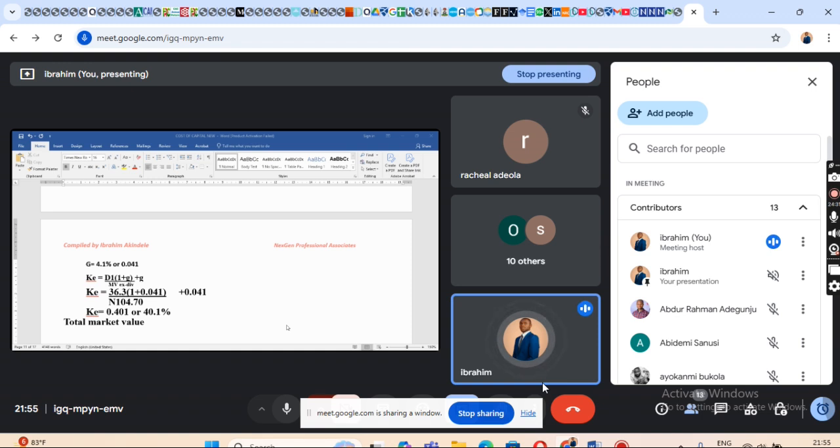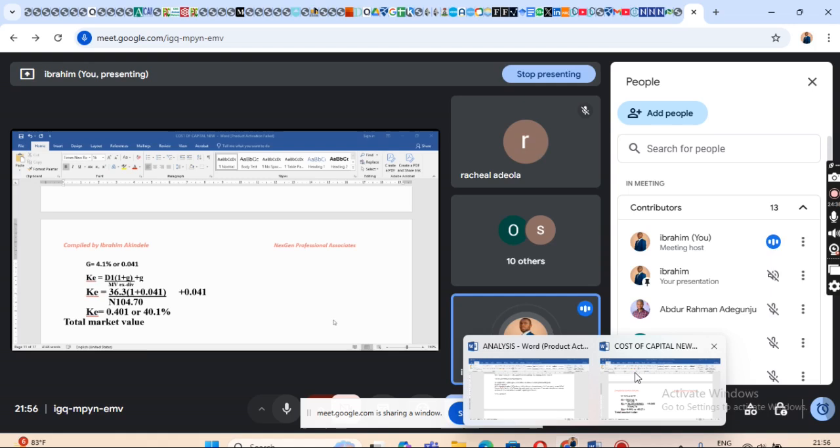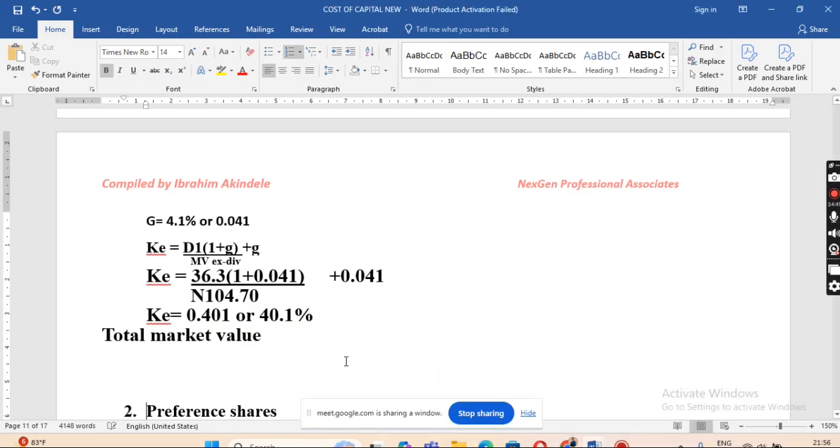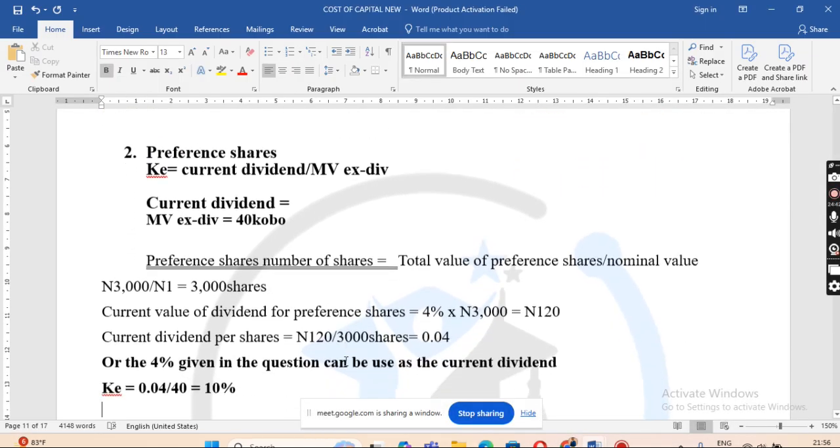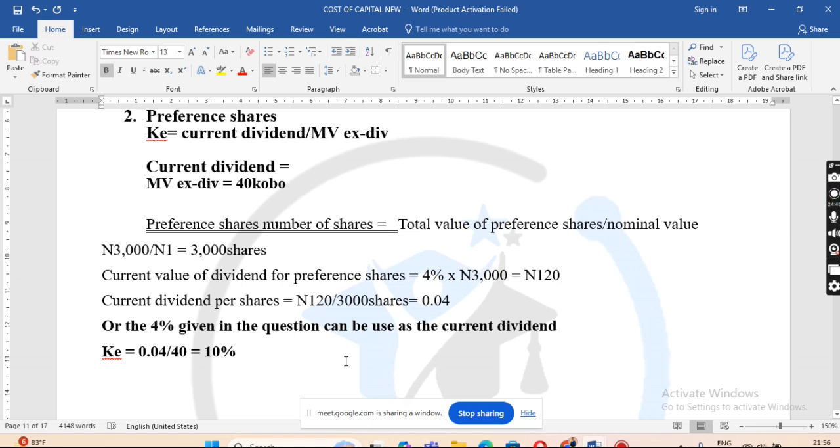The third step is to calculate what? Total market value. We've even skipped that one. But before I calculate the total market value of equity, let's calculate the total value of preference shares before we go to equity, right? Now, total market value. Let me give you a simple way you can use to calculate your total market value, right?